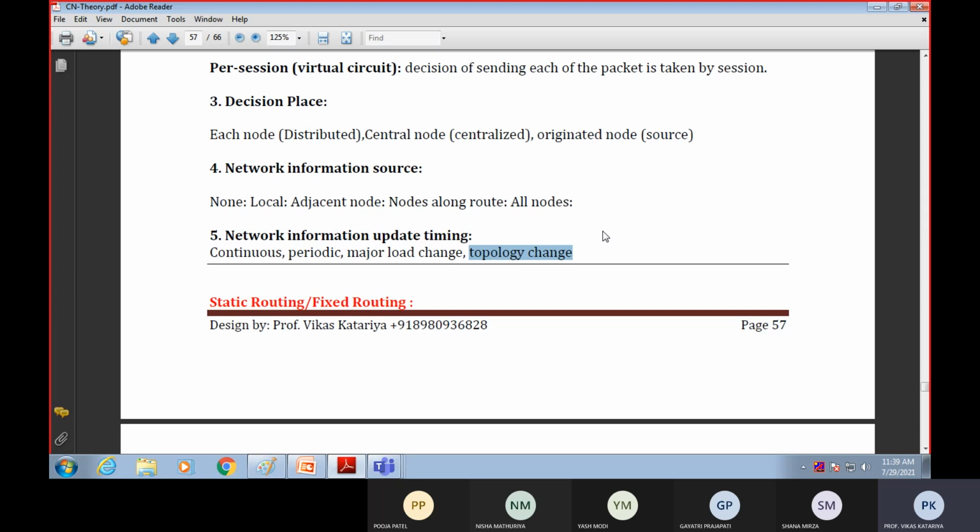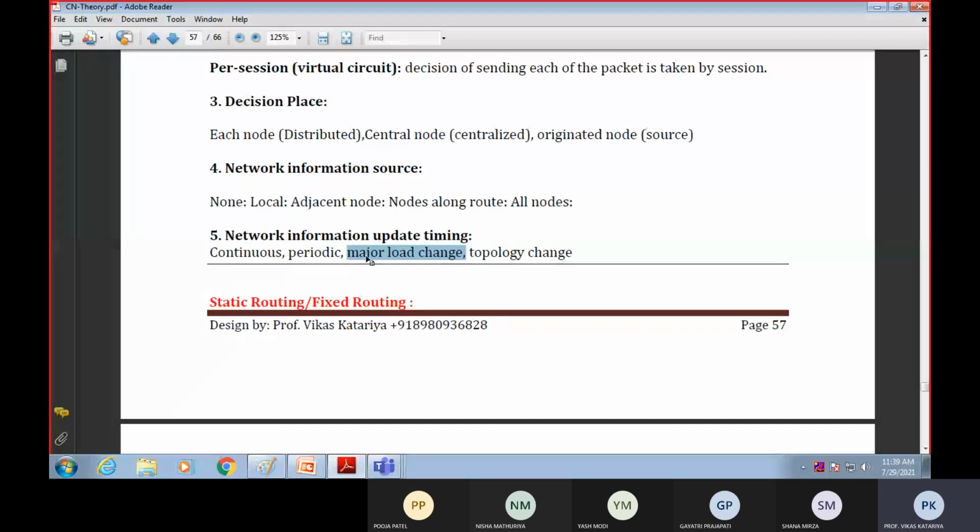So how is network information updated in the routers? It may be changed continuously. It may be changed periodically, meaning at a fixed time interval. The network information must be shared with the routers and it will change in the routing table. If the major load changes, suppose on a link there is a major load, then we have to divert the packets to a different direction or different path.